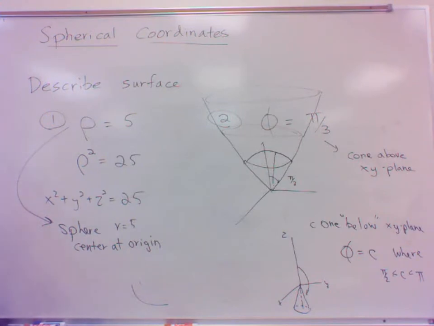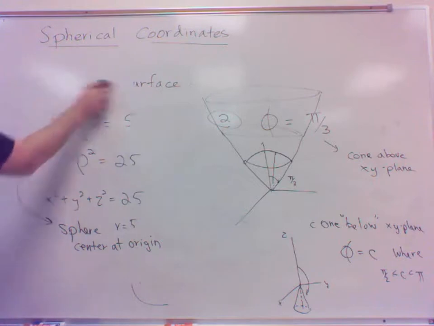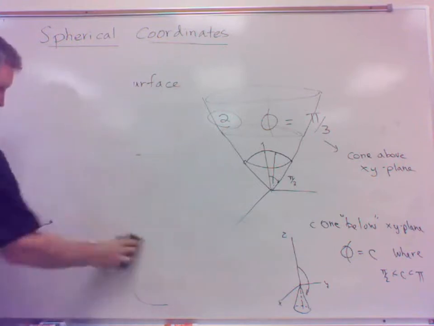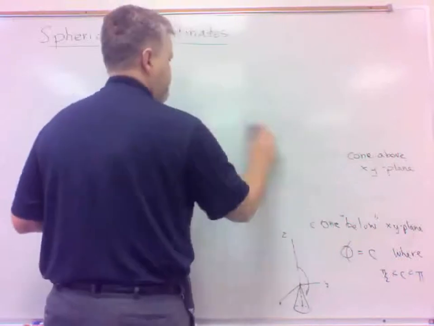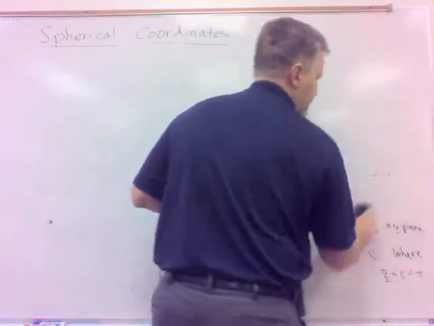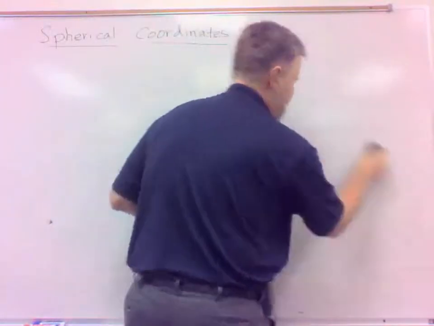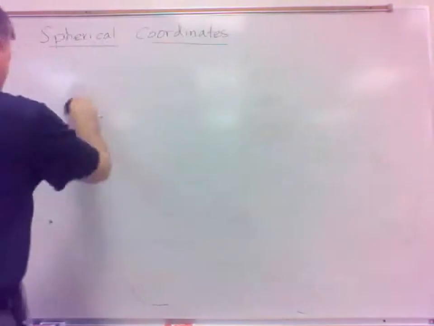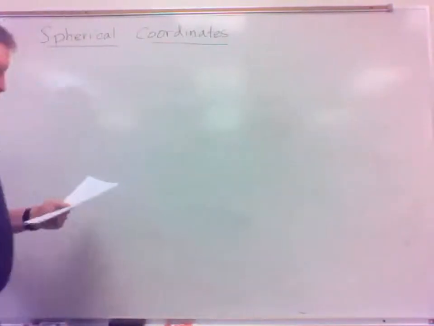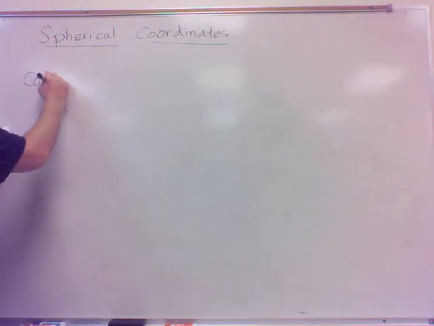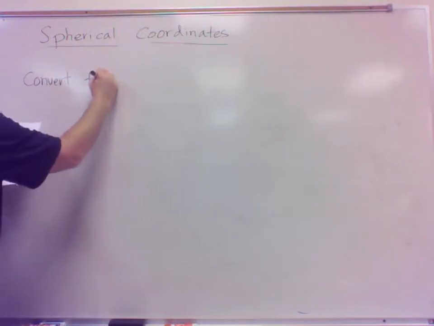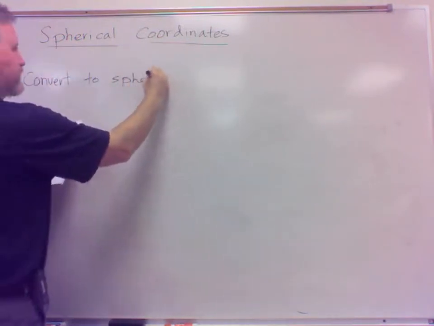Okay. All right, so let's also do a couple other things with spherical. So yeah, cones and spheres, very good to write in spherical coordinates. Easy to write. All right, so just real quick, convert these equations to spherical.